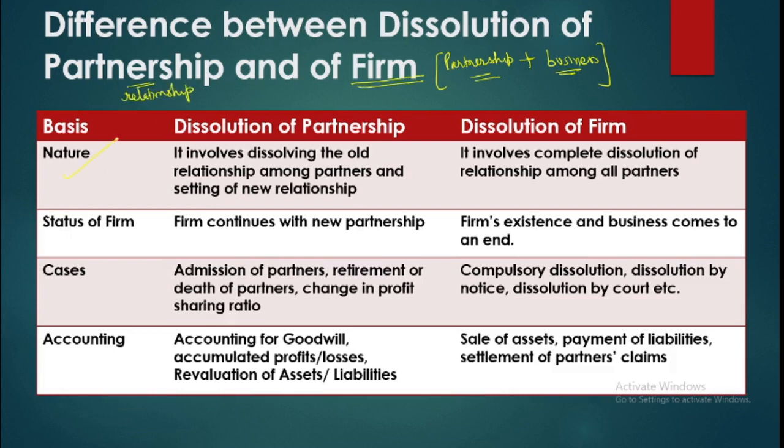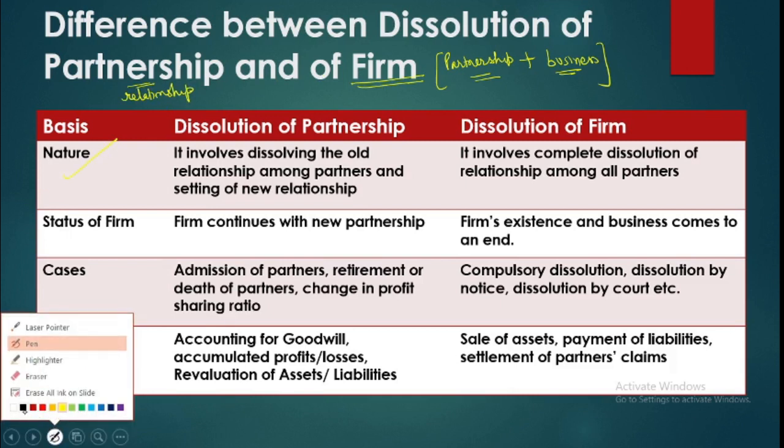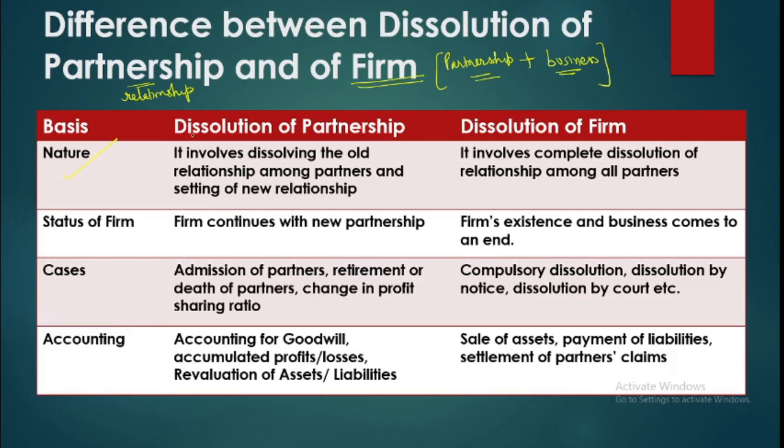So when we say the difference on the basis of nature, dissolution of partnership implies dissolution of the old relationship and continuing the business with the new relationship. So you are dissolving the old relation, you are starting a new relationship. That is the only thing happening. Whereas in case of dissolution of firm, there is a complete dissolution of all the relationships.